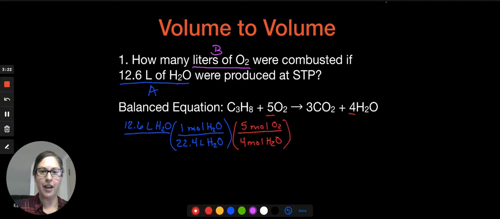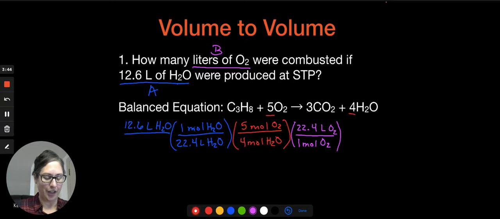Finally, we want to get into liters of O2. For every 1 mole of O2, there are 22.4 liters of O2. You could multiply across the top and across the bottom, and then divide top by bottom. But let me show you a couple things.